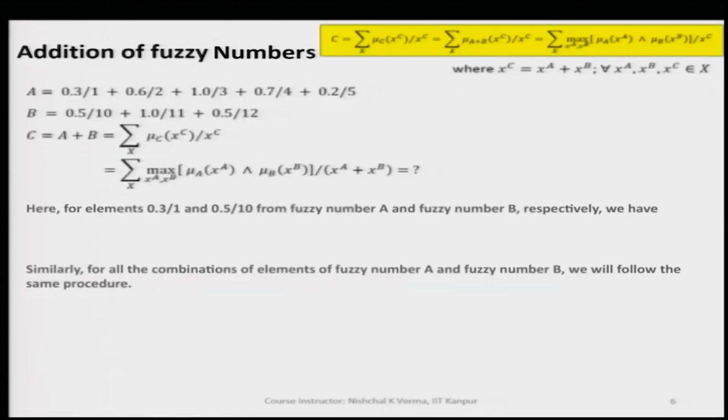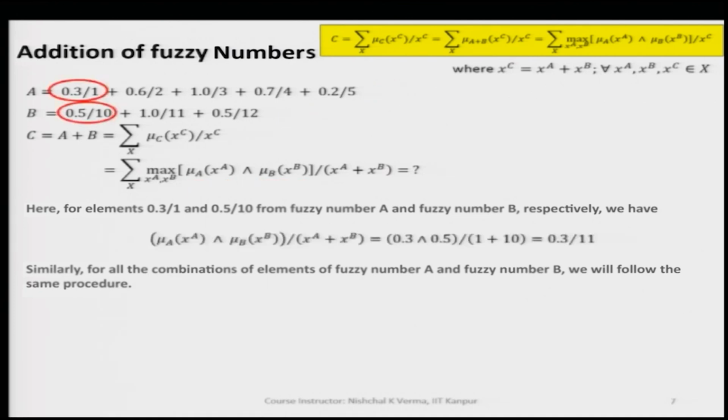Let us now quickly go ahead and see how to add these two fuzzy numbers. All right. So, we have fuzzy number A here and fuzzy number B here. As we have seen, the first operation is to get the minimum of mu A of x A and mu B of x B. So, let us see how we are going to get this.